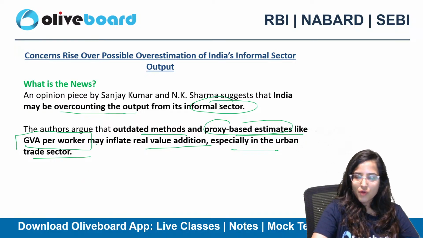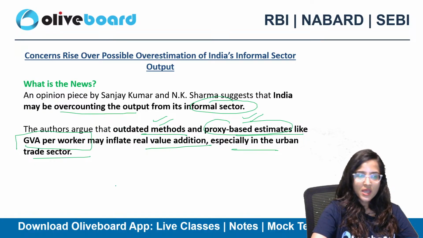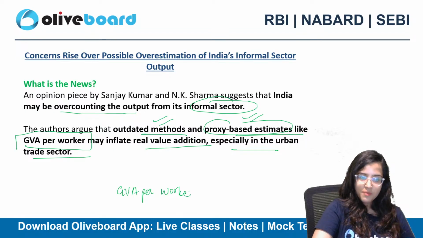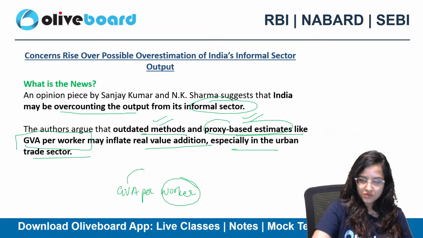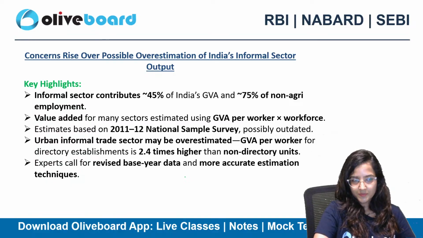So the author is saying that we are utilizing outdated methods and approximate estimates, like GVA per worker, how much value addition one particular worker is doing, which is an outdated method.